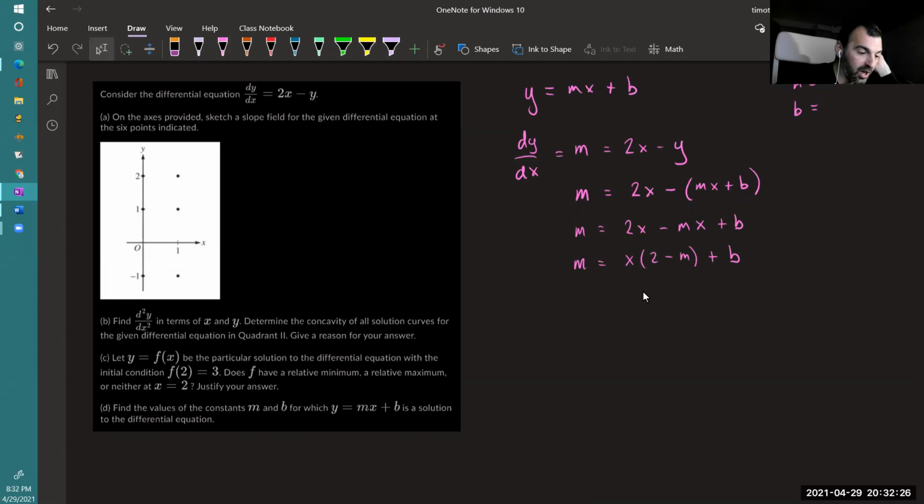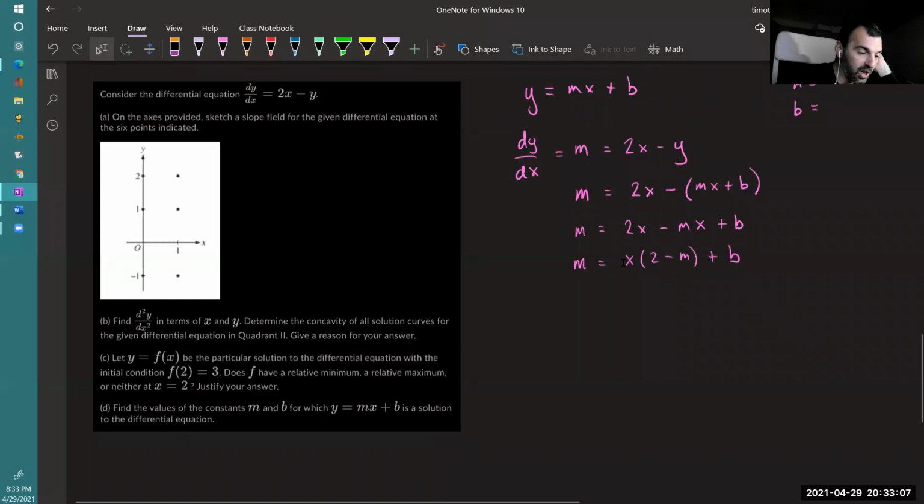Now, this is the logic here. In order for this to work for all x values, the coefficient in front of this x must be 0. Because if that's the case, then this x would get canceled. And therefore, this m and this b are going to function regardless of the value of x, because this is the solution for the whole thing, for all x coordinates.